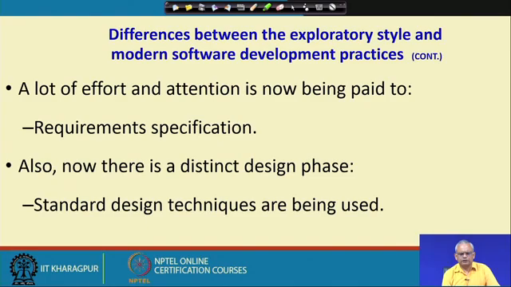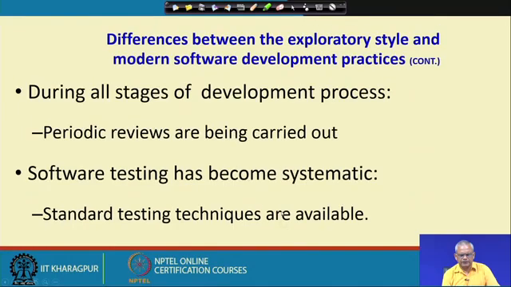Of course, a lot of attention is now given to requirement specification. Then the design has to be done. There are standard design techniques that are available, and at the end of every phase reviews are conducted. The main idea behind review is to detect errors as soon as they are committed by the programmer.